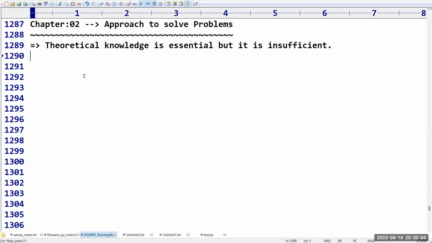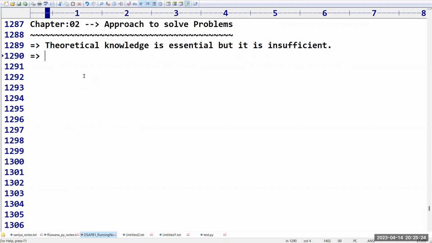Why? Because if you analyze the algorithm, write pseudocode, or write it on paper, up to a certain level it is okay, good. But the same thing you have to convert into a program, right? Because we are programmers, we have to solve these problems purely in the coding area.